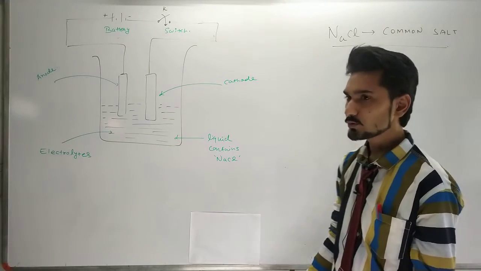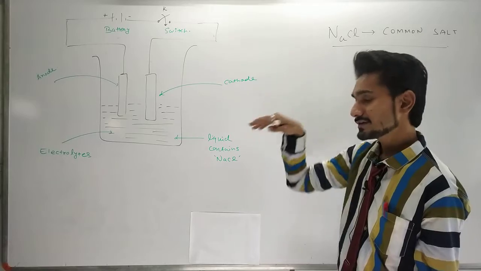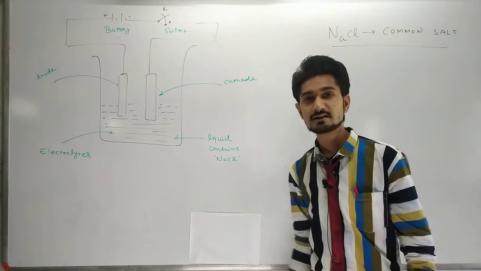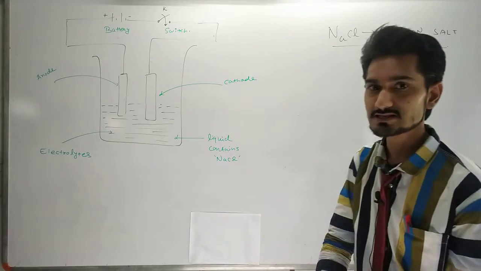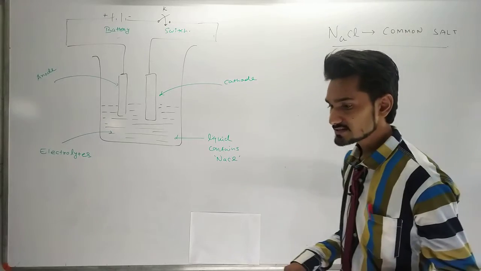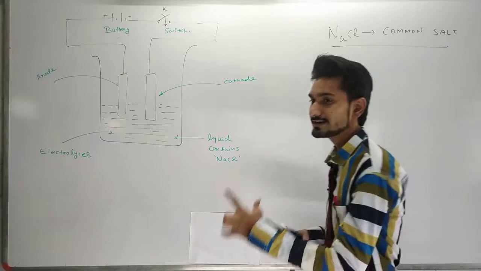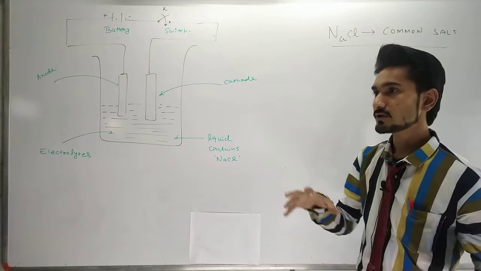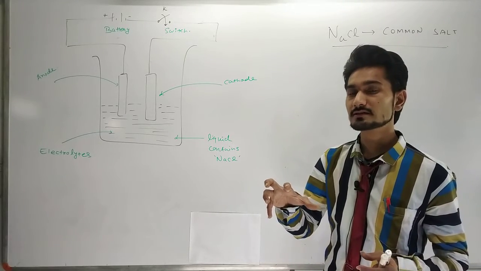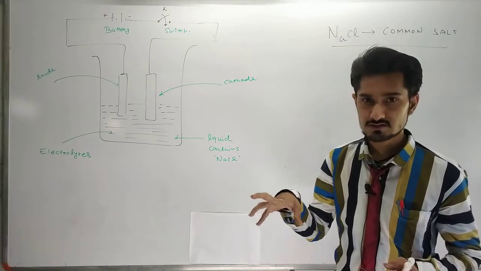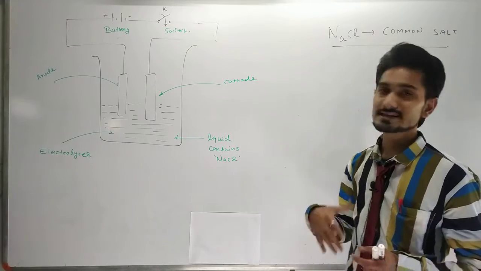If you remember, in 8th standard we learned about the electrolysis process, which is used for galvanizing or electroplating products, and whenever we have to make fake gold, we use this type of method.